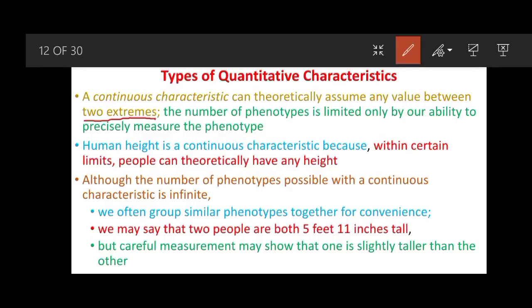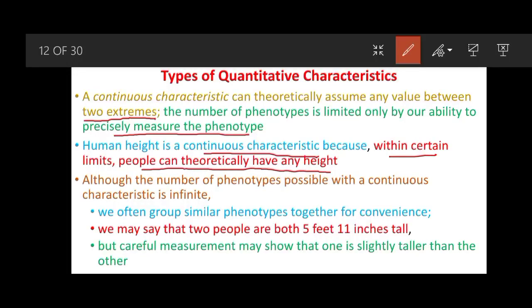The number of phenotypes is limited only by our ability to precisely measure the phenotype. For example, human height is a continuous characteristic because within certain limits people can theoretically have any height.